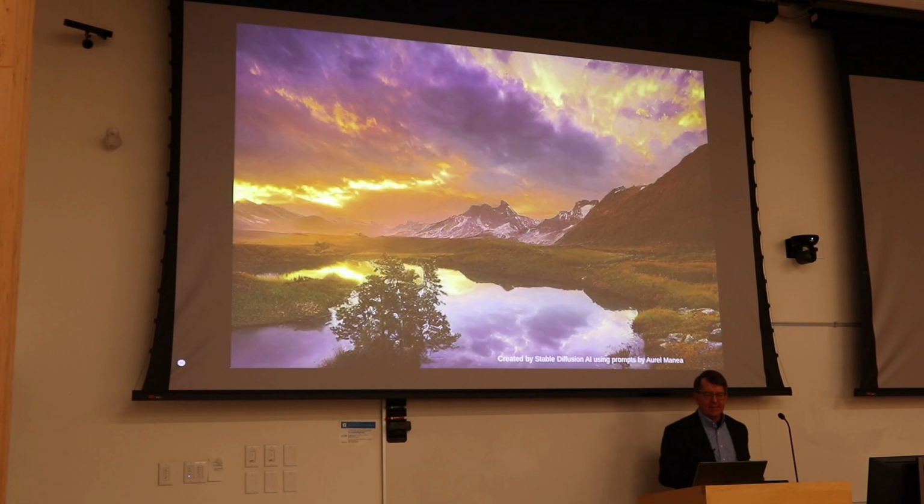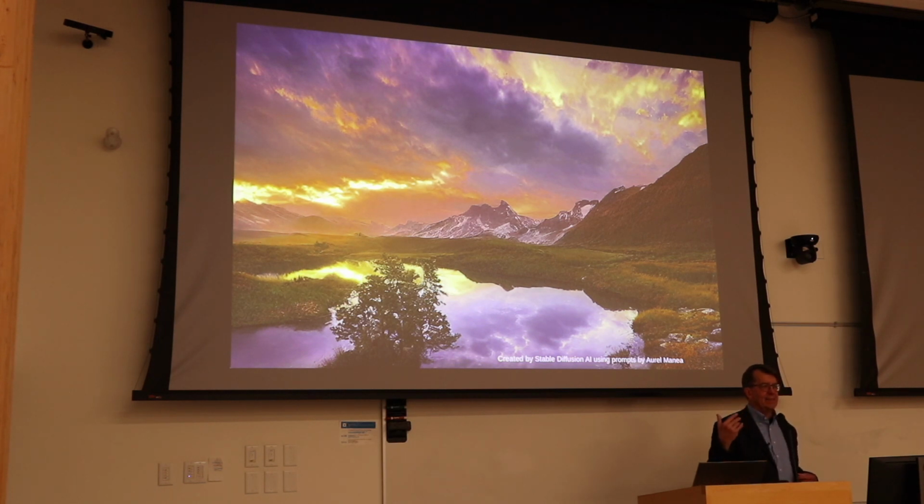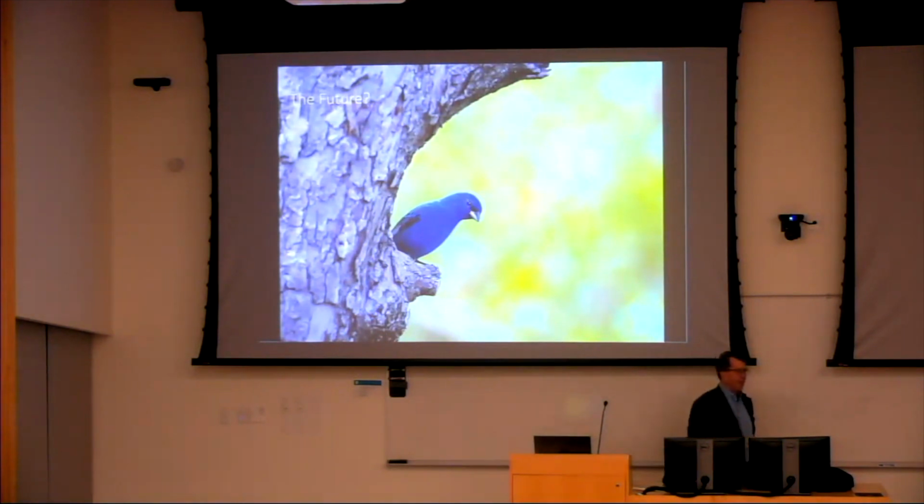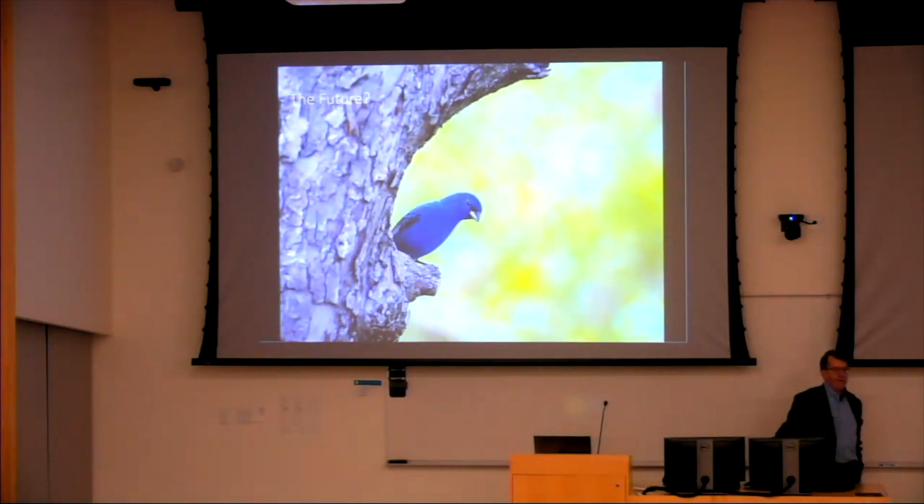So this one is actually one that was generated by the computer. And there are some artists who are really taking this on and have mastered the art of description to get pretty incredible results.